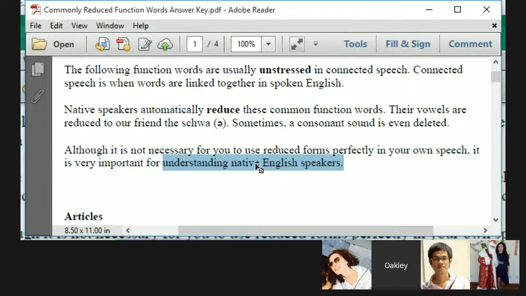Although the students felt uncomfortable using reduced speech, understanding it and being able to practice it a little bit drastically improved listening skills amongst the groups of students that I taught.